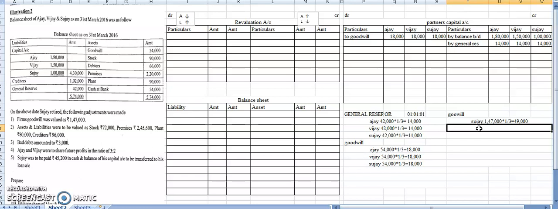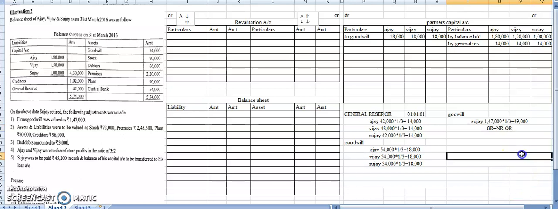Now for this we need the gain ratio. So firstly we need to calculate the gain ratio. I'll write the formula for gain ratio: gain ratio is equal to new ratio minus old ratio.